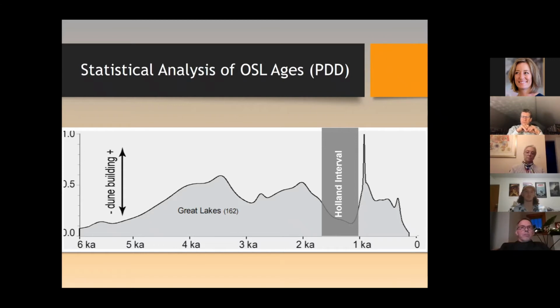That is very well known in Europe culturally, and was a time when sand was blowing around a lot in the Great Plains. Dune fields in the plains date to that period of time. And apparently sand was blowing around in Michigan too. And then this little peak that you see here, that's the Little Ice Age, when it was a lot stormier and just unstable at that time.